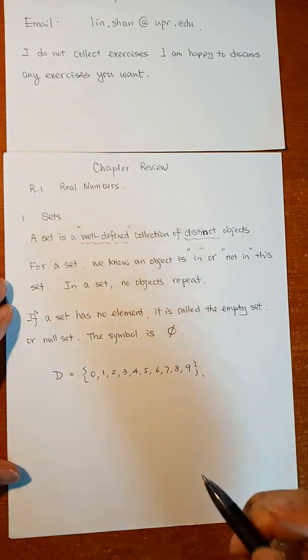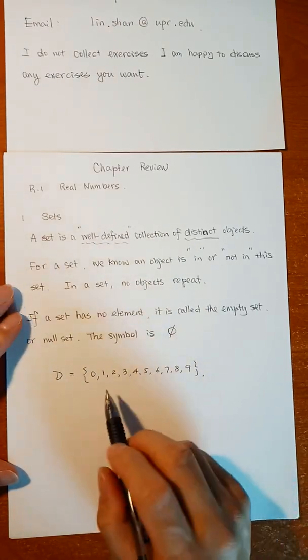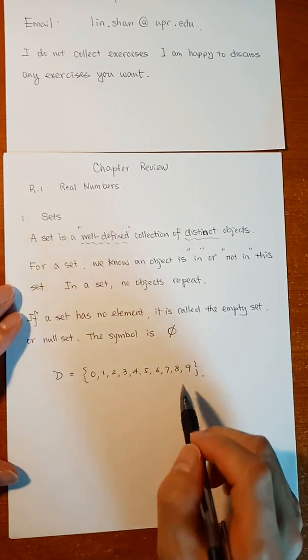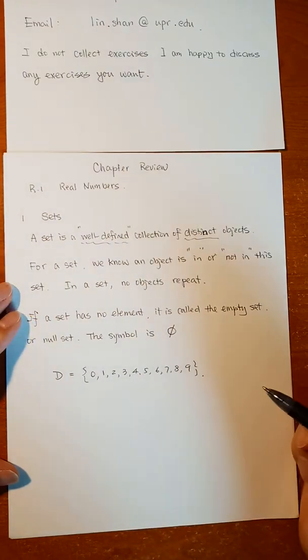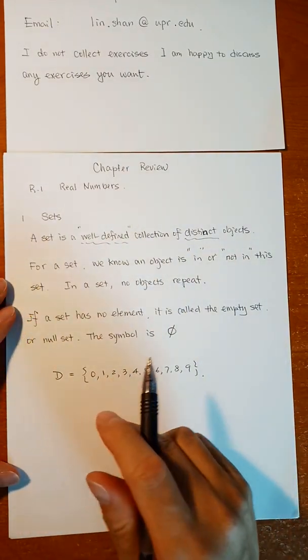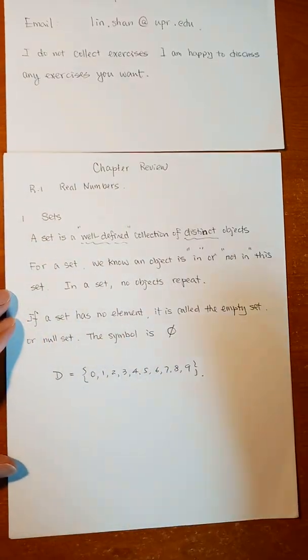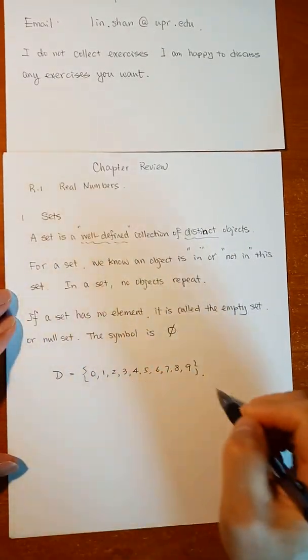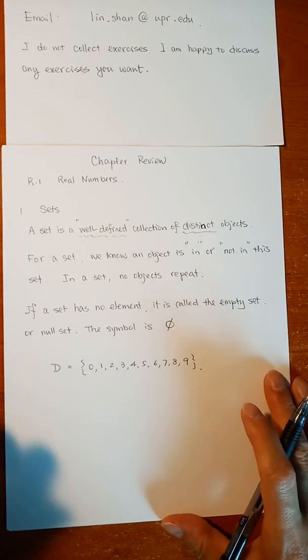It's the set of all 10 digits, 0 up to 9. We list all possible objects of the set. So this is one way, and you use braces to include them.